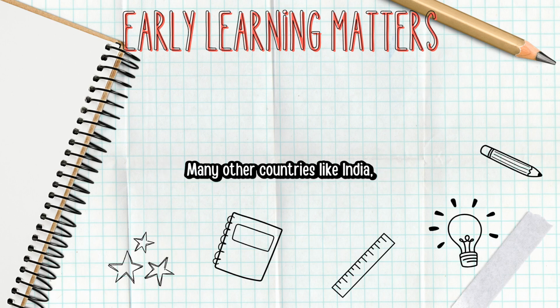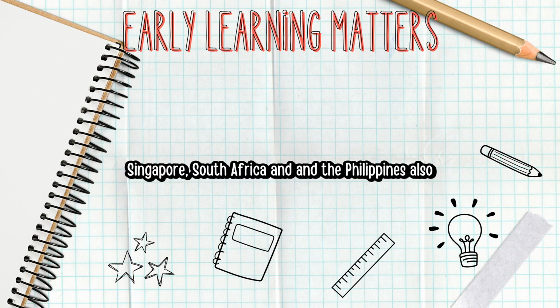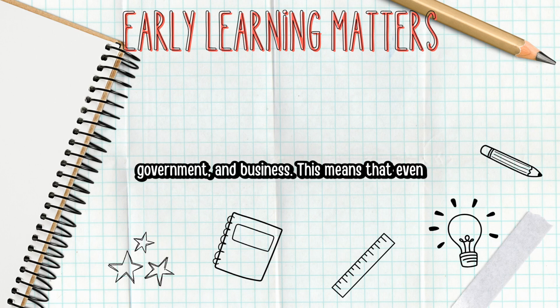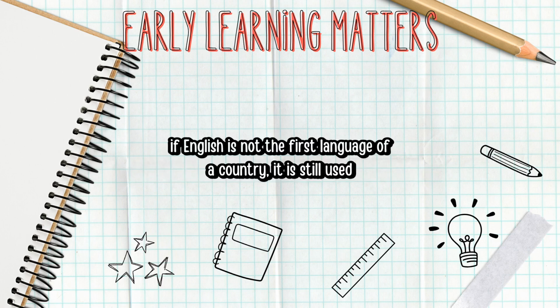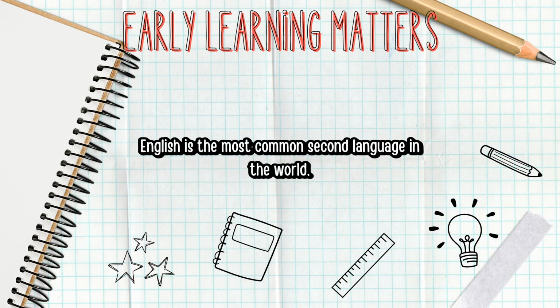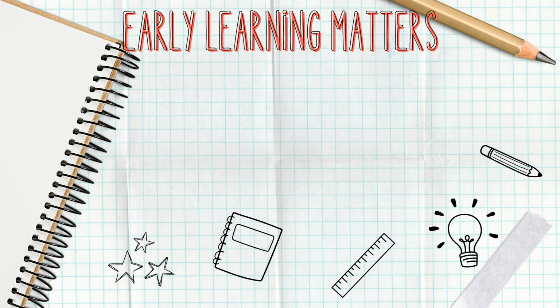Many other countries, like India, Singapore, South Africa, and the Philippines, also use English as one of their main languages for education, government, and business. This means that even if English is not the first language of a country, it is still used in important areas of life.